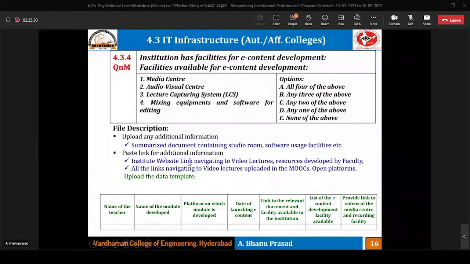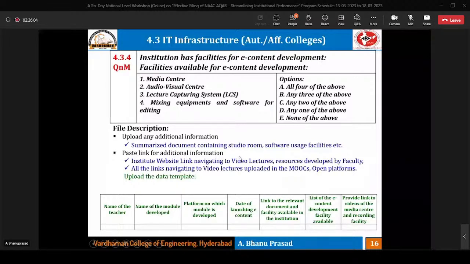The name of the teacher and what module he developed and the platform on which he developed and date of launching the e-content and the respective link available in the institution, or all the list of e-content development facilities available and the link to the videos of the media center and recording facilities. Of course, nowadays, most colleges are looking ahead to develop this type of facility also.